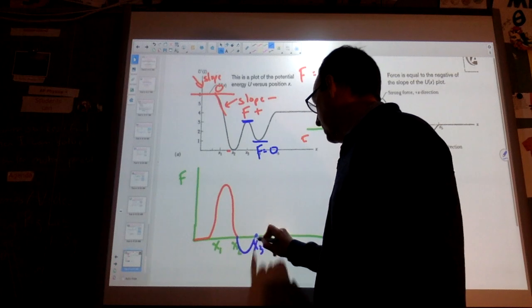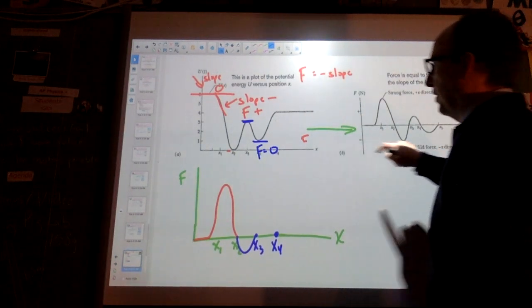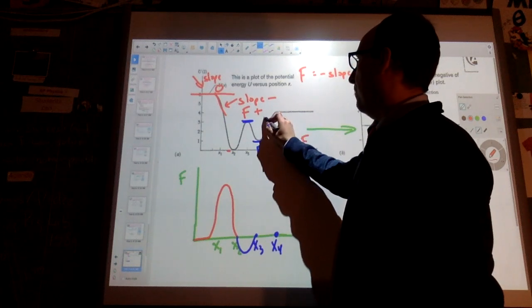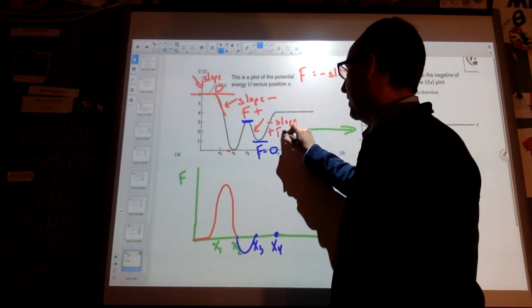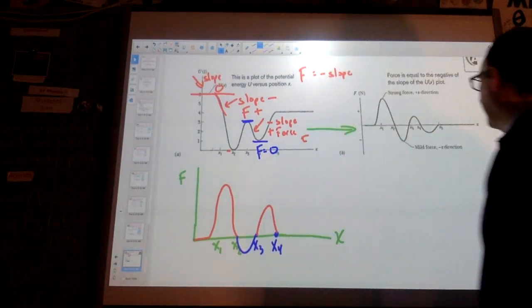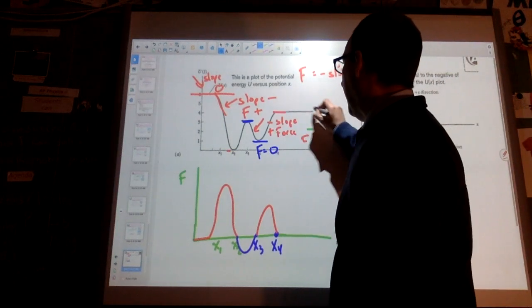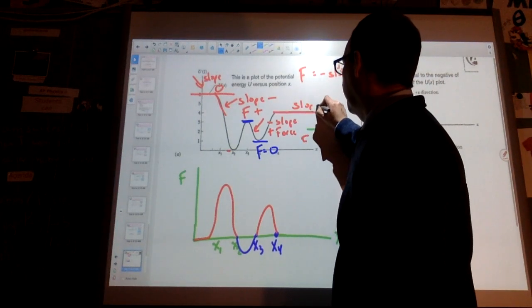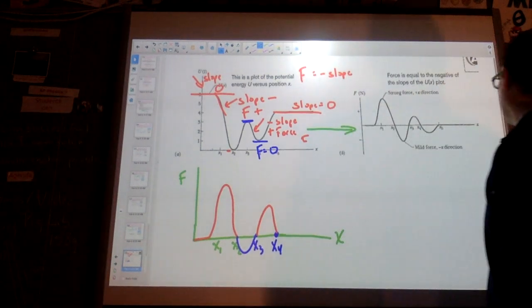So this is going to dip down like that. Then between 3 and 4, this would be a negative slope. So it's a positive force. So this is going to go back up like that. And then it looks like from x5 on, my slope is 0. So my force is going to be 0.